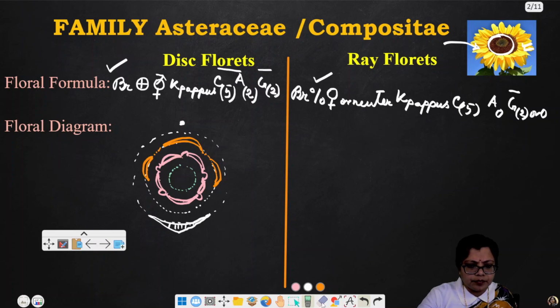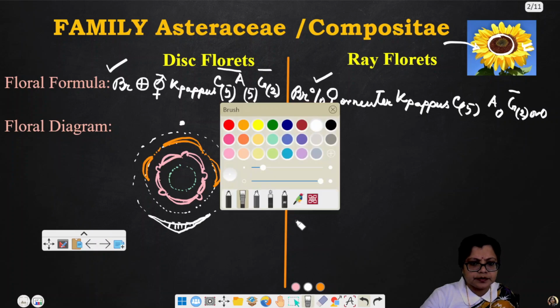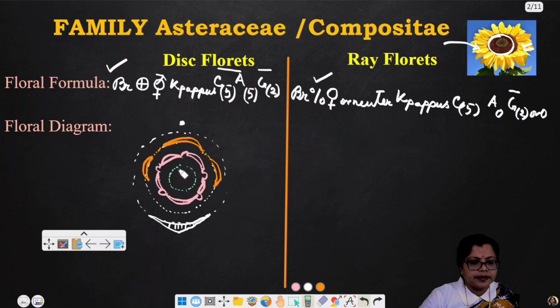And here one correction is needed, that it is 5 in number. Okay, syngenesious. Syngenesious means, what does it mean? That is, anthers are united laterally but the filaments are free from each other. Synantherous type. It is also called synantherous.